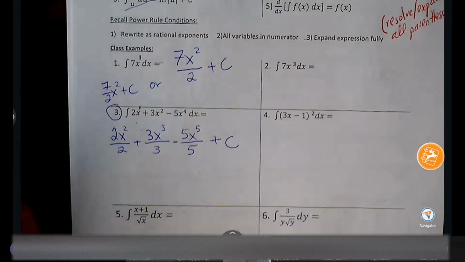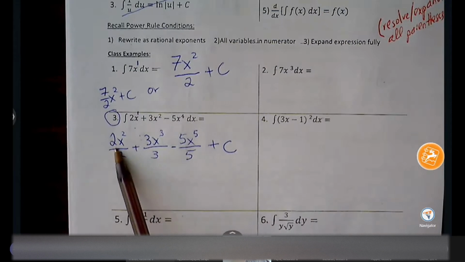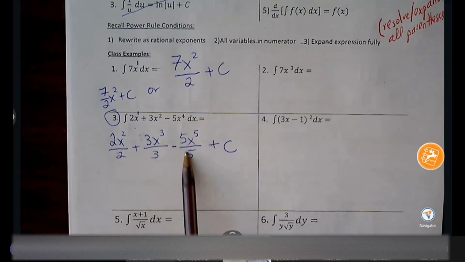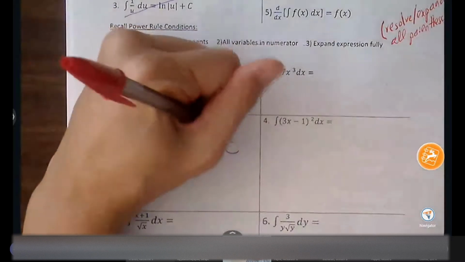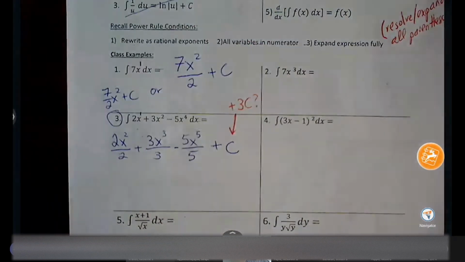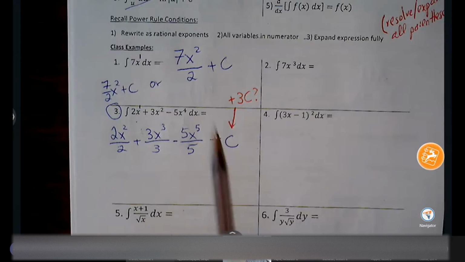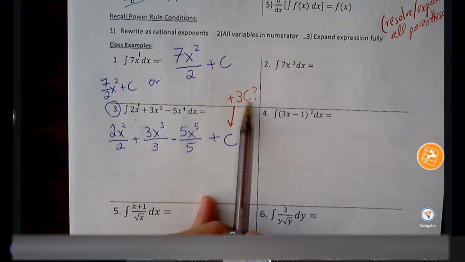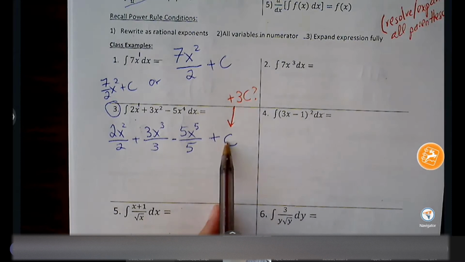Now, some students asked me, if these are all separate terms and they all produce a plus c, shouldn't this be a plus 3c? To answer that question, yes, you can make an argument that this is plus 3c, but c is a number that represents a constant. And if I do 3 times a constant, I'm still left with a constant, right?